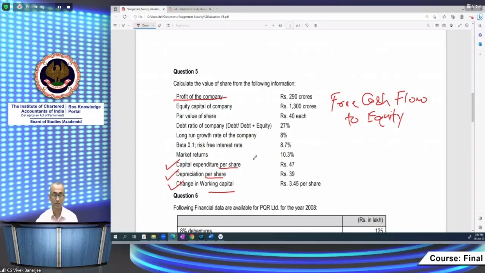See, here, the equity capital is given and the par value is given. So we have to divide this 1,300 by rupees 40 to arrive at the number of shares.